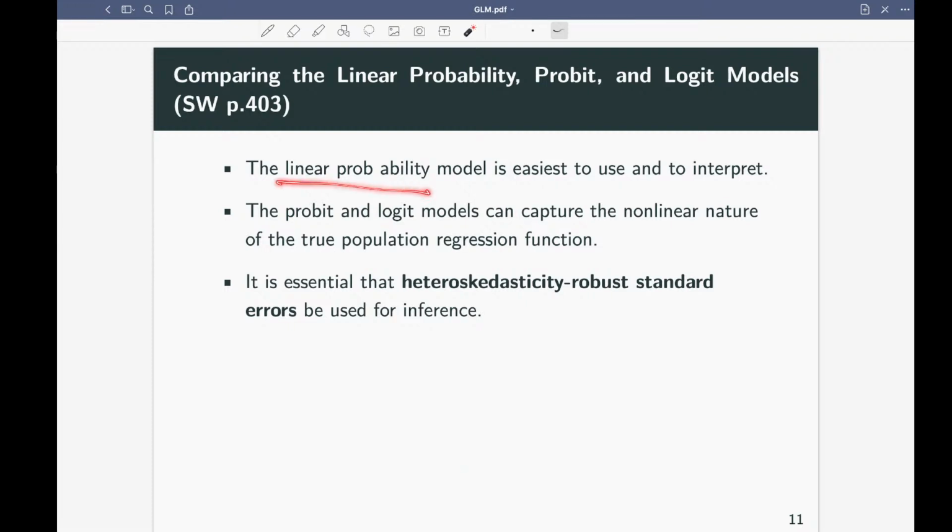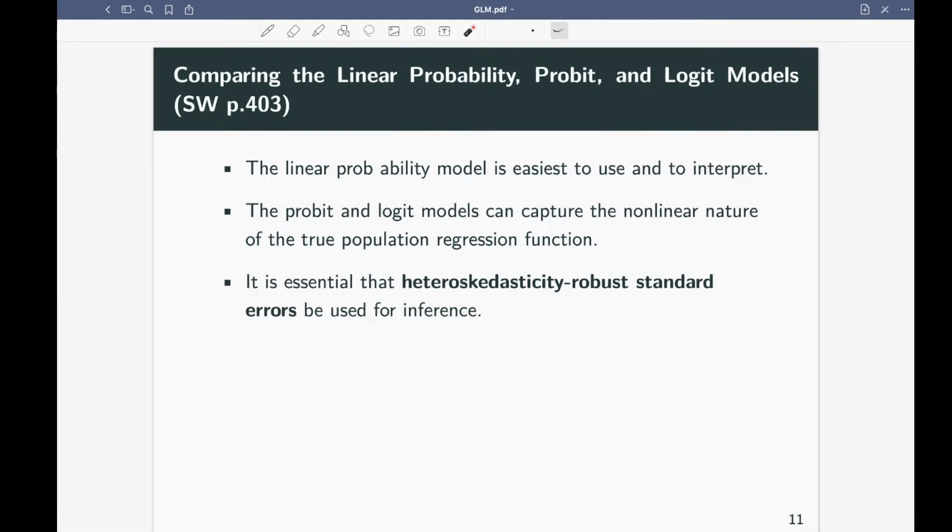The LPM is easy to use and interpret, but this model setting is not ideal. You should only focus on values between 0 and 1. In LPM, we cannot control the predicted value.